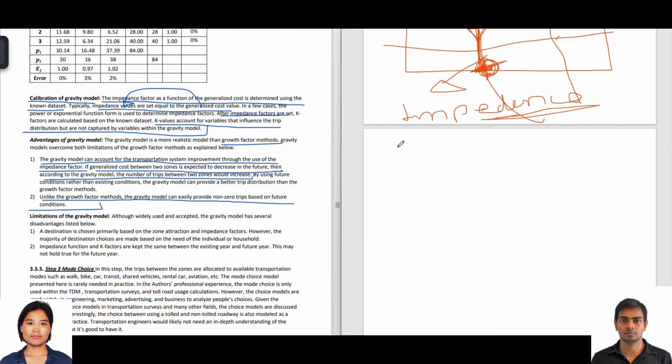So let's say in existing development, there is nothing here in this zone and there is nothing here in this zone. So the trips between these two in existing may be zero.